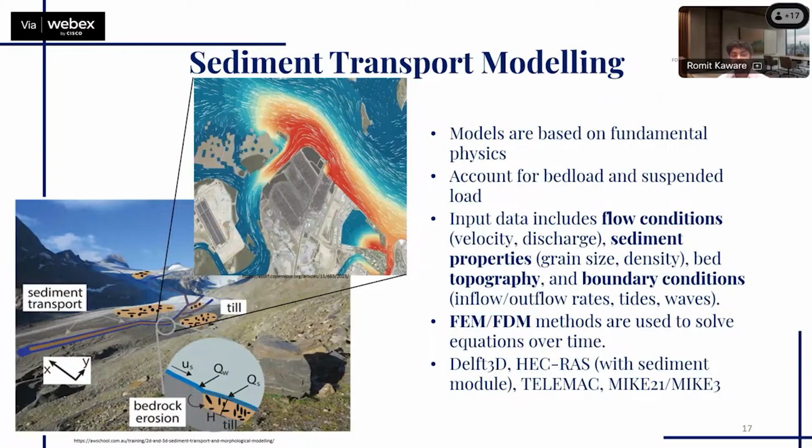And then we try to solve some physics-based equations, like the Navier-Stokes equations, through some FEM or FDM methods, so that given the input conditions, we are able to predict or model how the sediment transport flow would look.